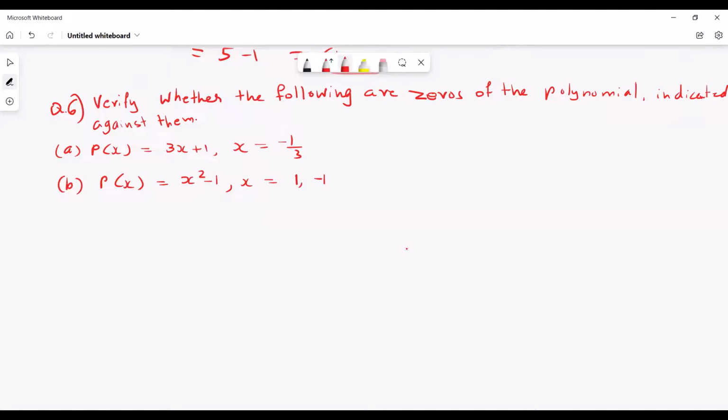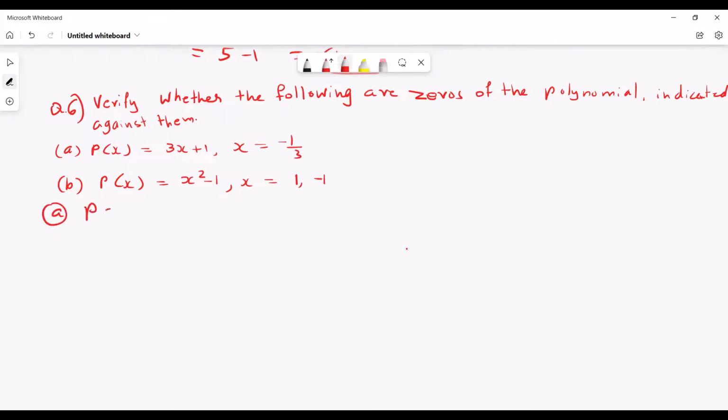For that, we have to replace this value of x by minus 1 by 3. And if we get the answer as 0, then we can say minus 1 by 3 is a root of the given equation. So let us check question number A first.